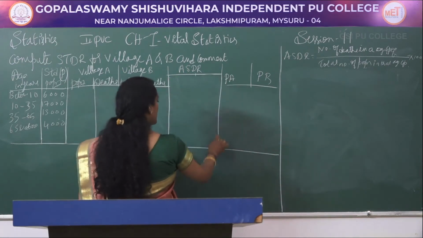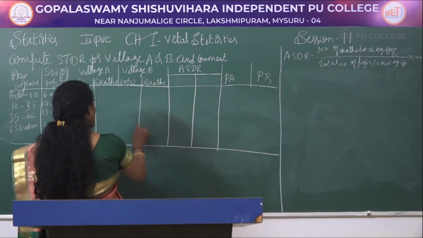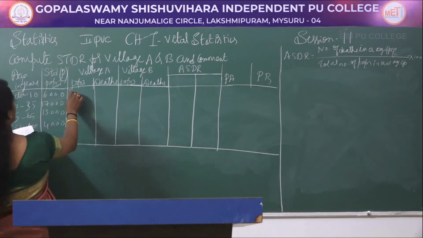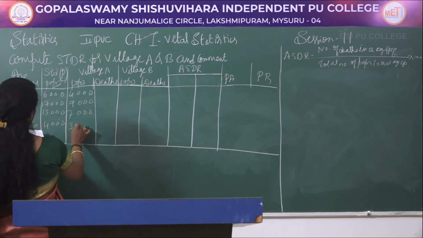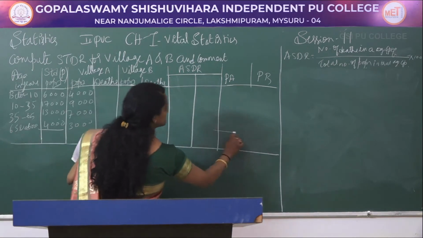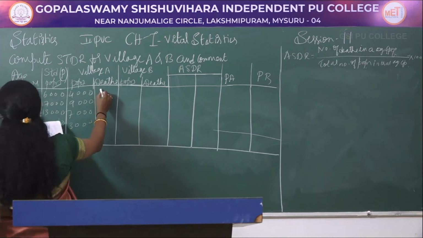Next, village A and village B. Same columns we are repeating, so there is no change in any columns. The values are different.